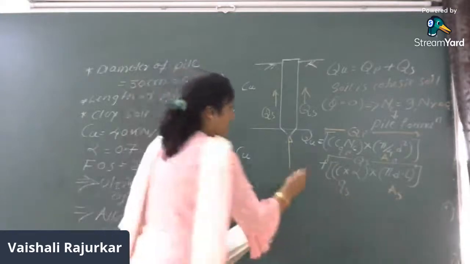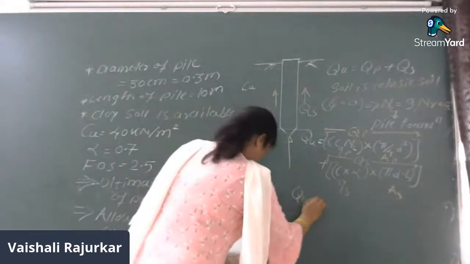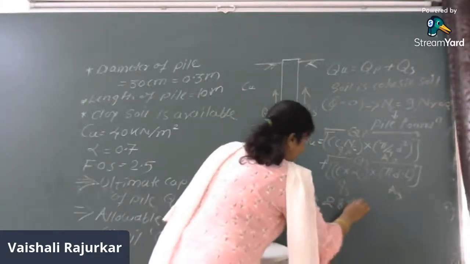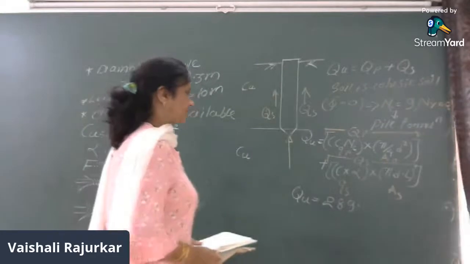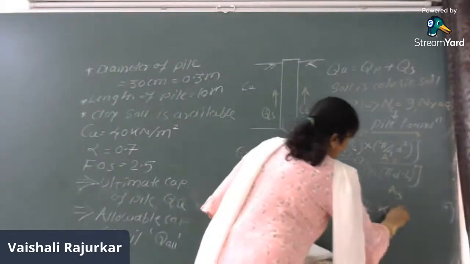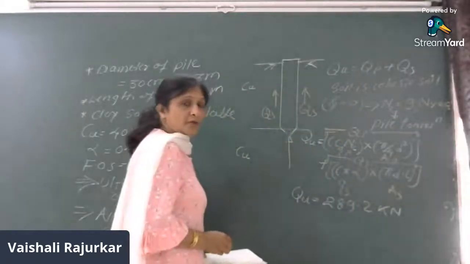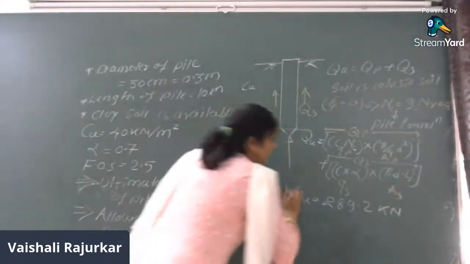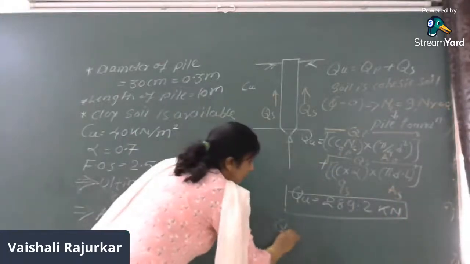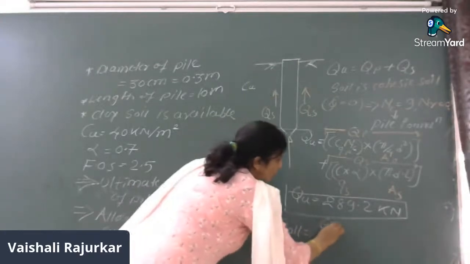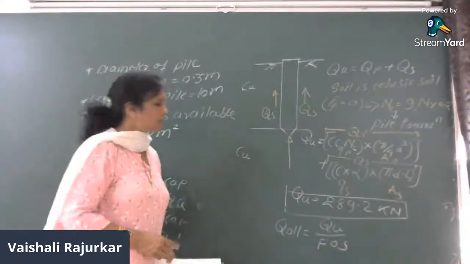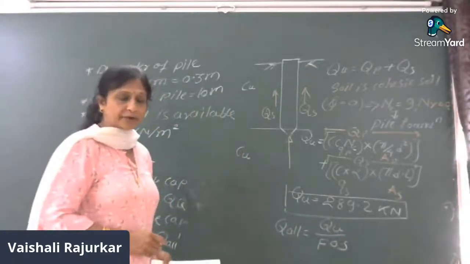So in this case, this QU is obtained to be 289.2 kilonewton. Then how will you get the value of Q reliable? Q reliable is equal to QU divided by factor of safety.